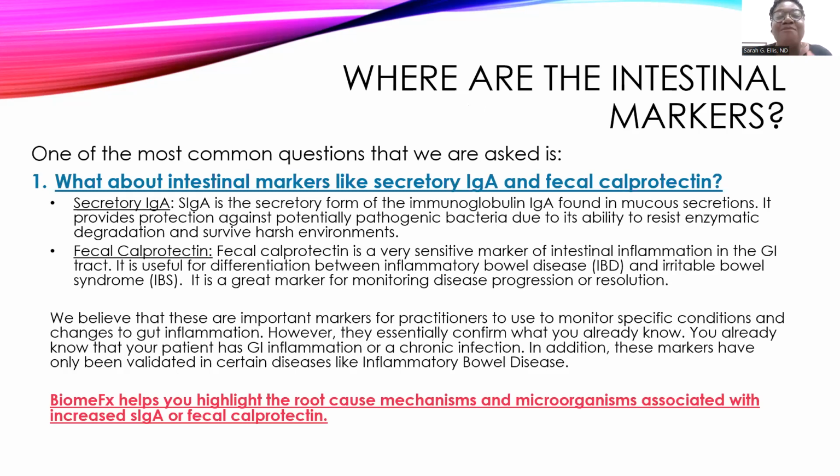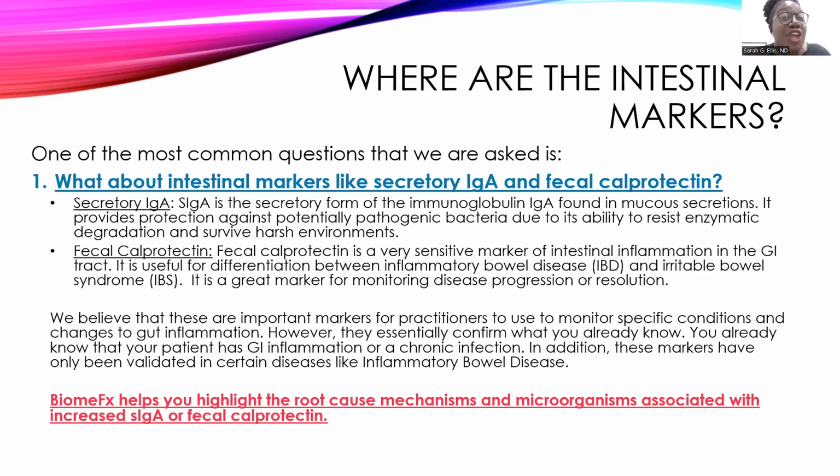And of course, the most common question that we get about our test is, where are the intestinal markers? Now, we do understand the value of secretory IgA, fecal calprotectin. These are very common markers to be measured. And they do provide additional information to the full clinical picture.